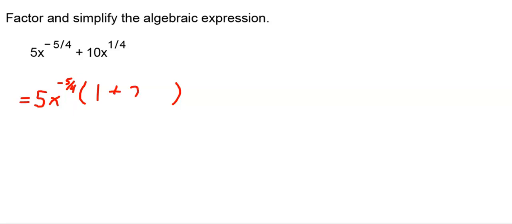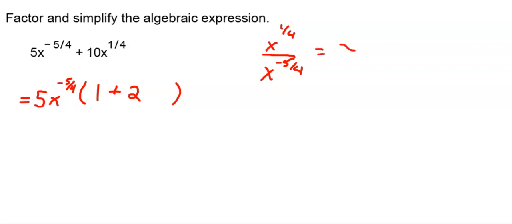And then for the variable, we're going to think about what x to the 1/4 divided by x to the negative 5/4 is. If we're dividing and our bases are the same, we subtract the exponents.